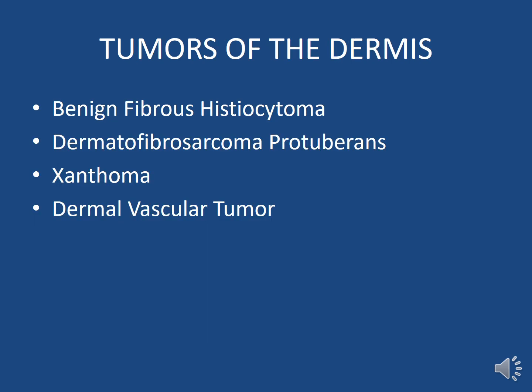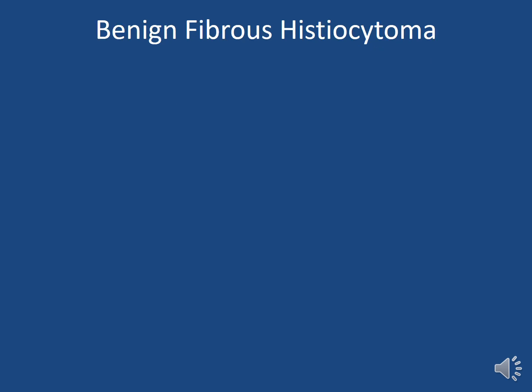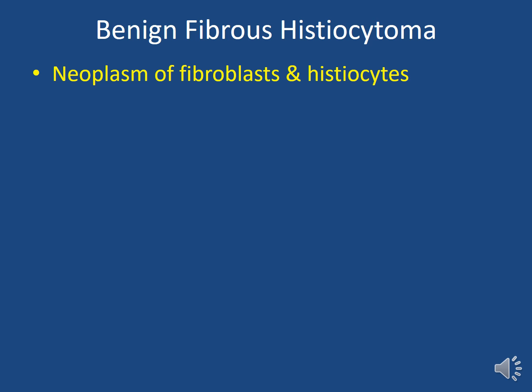Now, for the tumors of the dermis, these are the commonly encountered tumors of the dermis. Benign fibrous histiocytoma is a benign neoplasm of fibroblasts and macrophages, which are specifically called histiocytes in the skin.